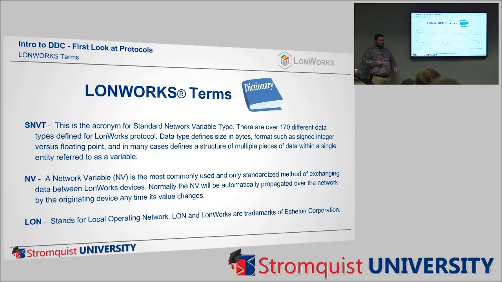LON says I need to know what kind of number you are. Are you a temperature number that's up to 4/1000ths of a degree in Fahrenheit? Then you're this certain kind of variable. So there's 170 different types of standard variables for LON.